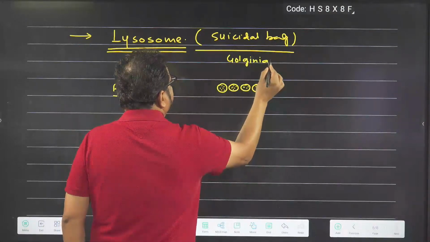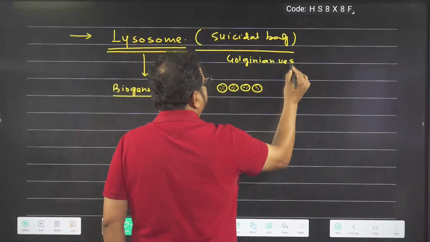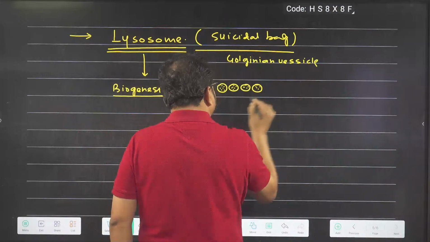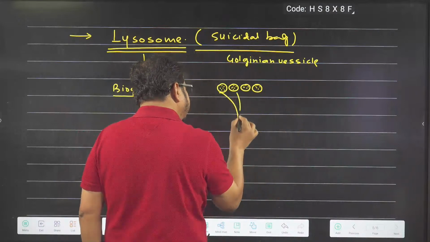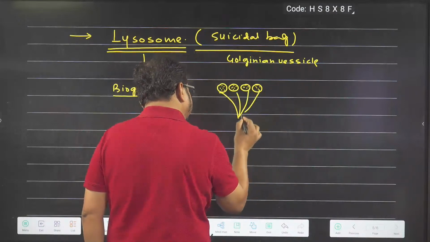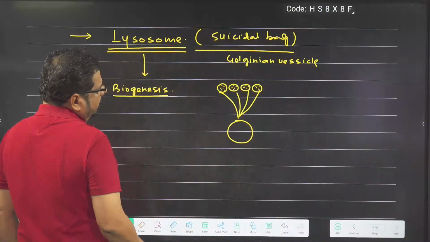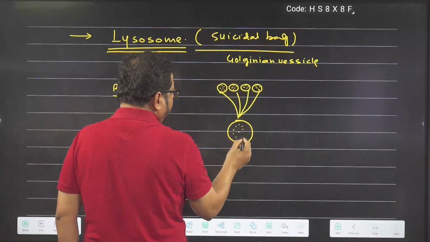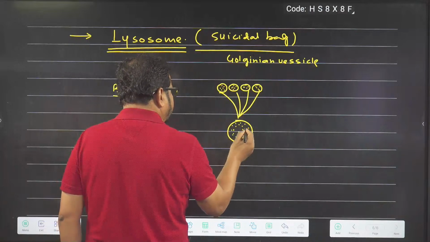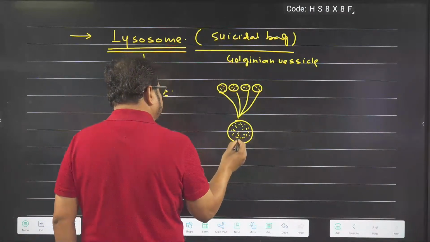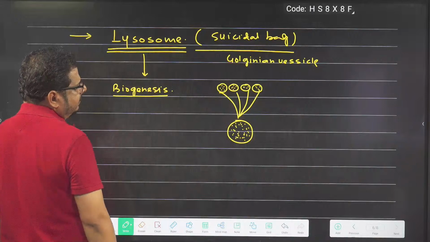Golgian vesicles. And many Golgian vesicles fuse together and make a large vesicular structure, a somewhat bigger vesicle.